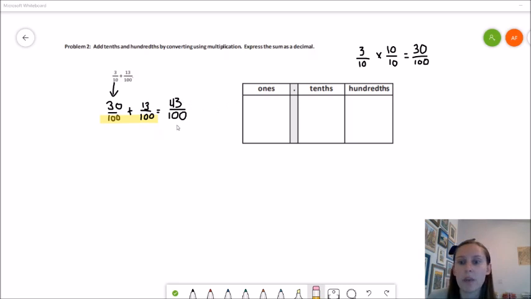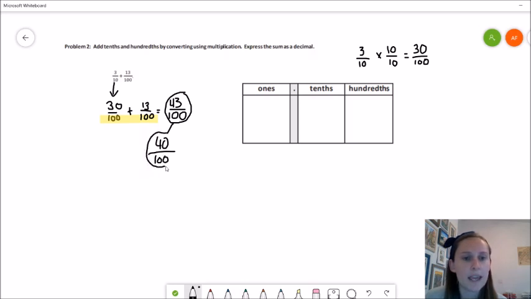To write 43 hundredths as a decimal, because it says express the sum as a decimal, I'm going to be using my place value chart. I am also going to be using a number bond to figure out how many tenths and how many hundredths I have. So my 43 hundredths here, I can decompose that as 40 hundredths. I know that 40 hundredths is equivalent to 4 tenths.